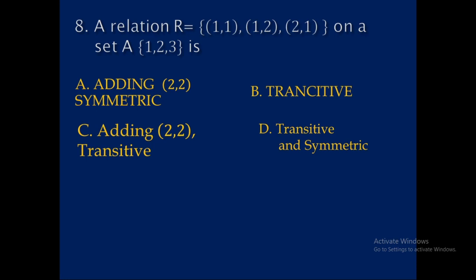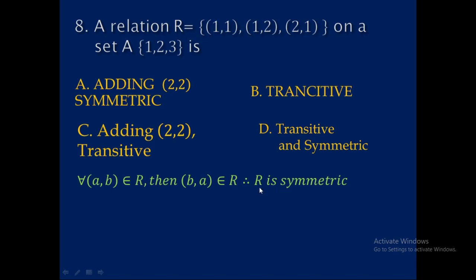Here we are verifying whether the given relation R is symmetric and transitive. First verify R is symmetric. Here you know that (1,1) reverse is (1,1). (1,2) reverse is (2,1), which also belongs to R, and (2,1) reverse (1,2) also belongs to R. It means for every ordered pair (a,b) belonging to R, (b,a) also belongs to R. This is the definition of symmetric.